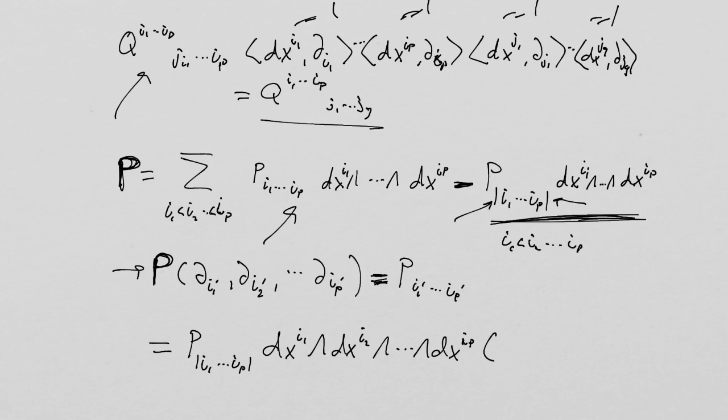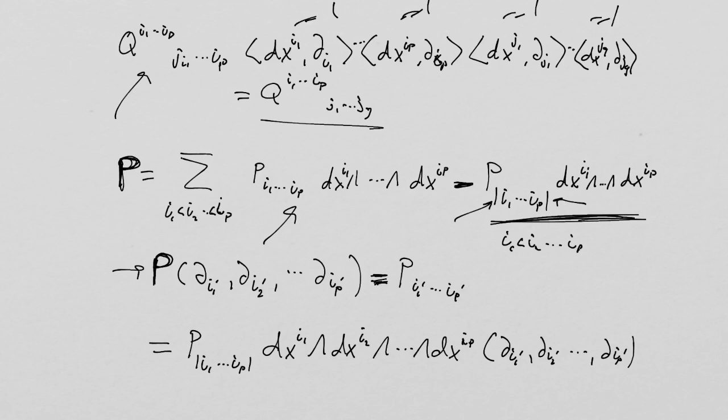And then this operates on partial I1 prime, partial I2 prime, through partial IP prime, right? So look, this is the rule for how you get the components. This here equals p, so this operating on this should get me p.